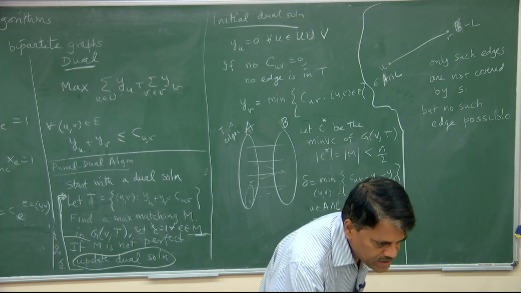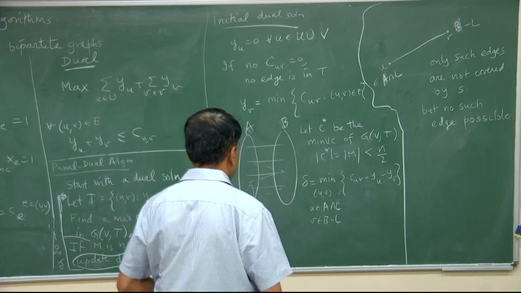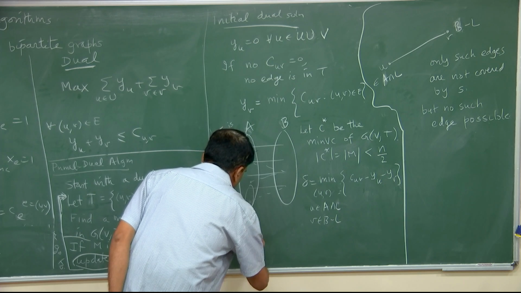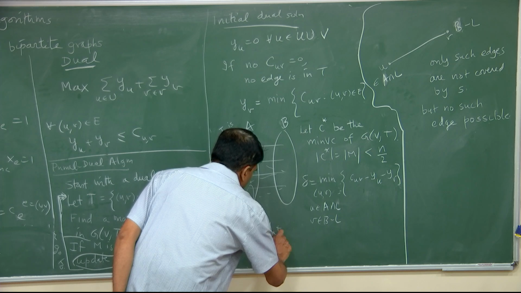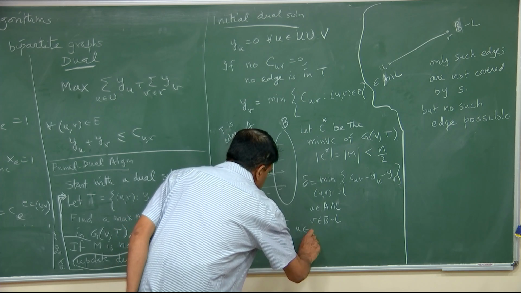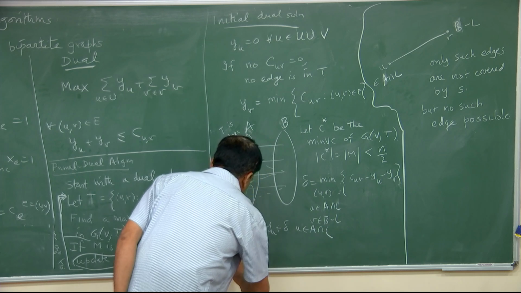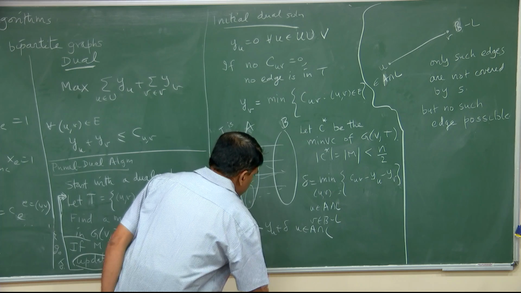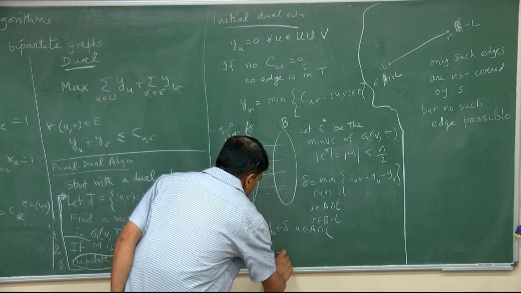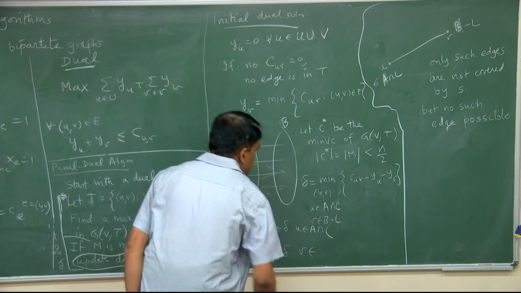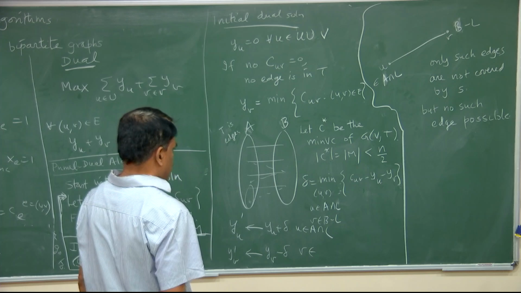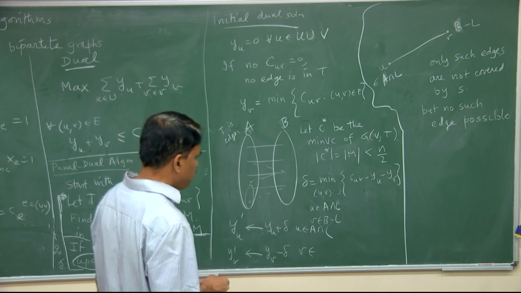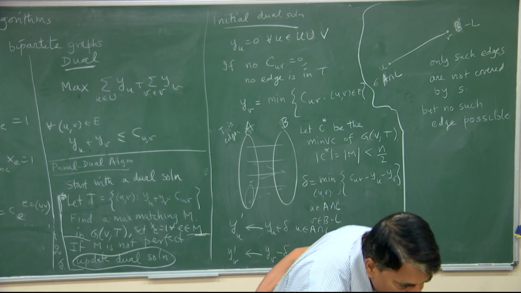For A intersection L, I am going to add plus delta, for U in A intersection L, and Y_V for V in B intersection L.